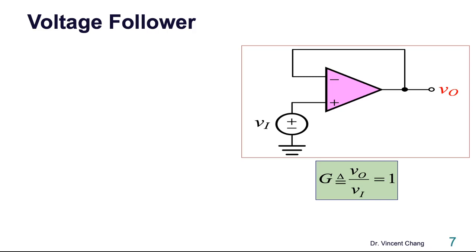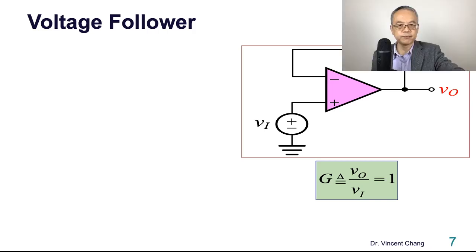Of course, if you apply the concept of virtual short circuit between the inverting input and the non-inverting input, the inverting input is connected to VO, and the non-inverting input is connected to VI. The voltage of the inverting input equals the voltage of the non-inverting input, so VO should be equal to VI.